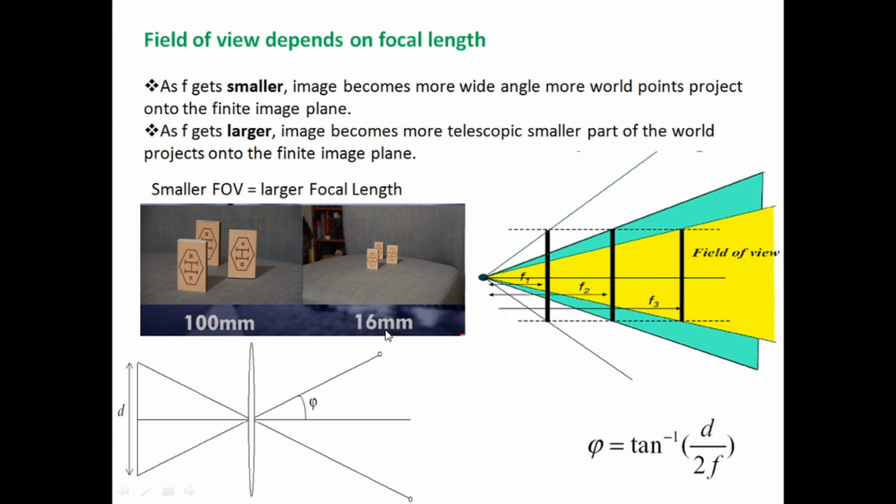For smaller f, that is 16 mm, the image becomes more wide angle. For large f, the image becomes less wide angle. That means it is a narrow angle where a small part of the world projects onto the image plane. So this is the concept of field of view with focal length. Field of view and focal length are inversely related. So this is about the dependency of the depth of field on the three parameters: aperture size, distance to subject, as well as the field of view.